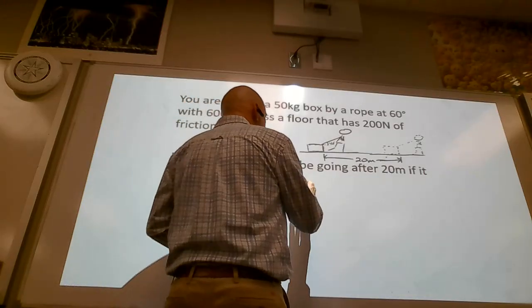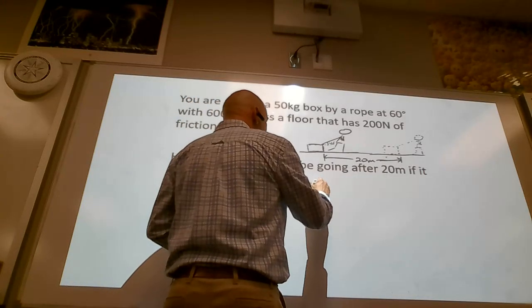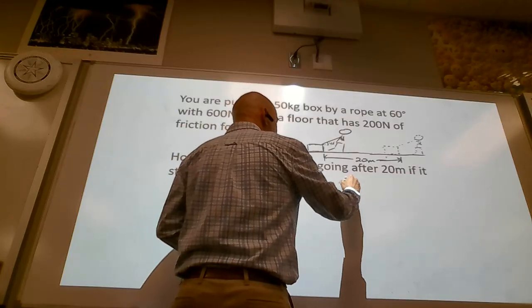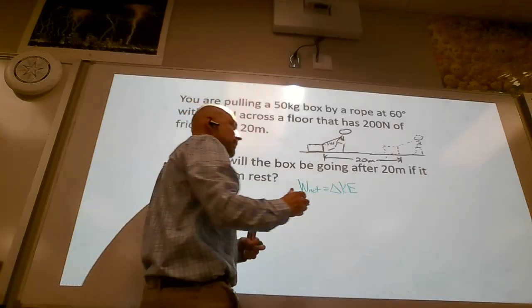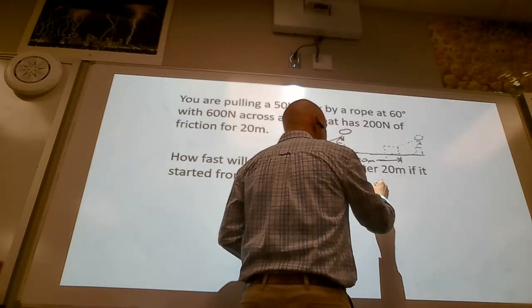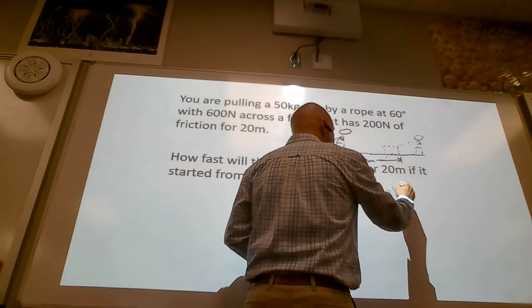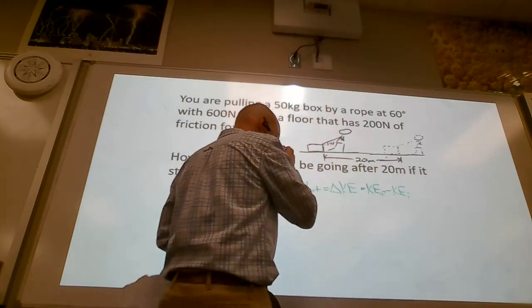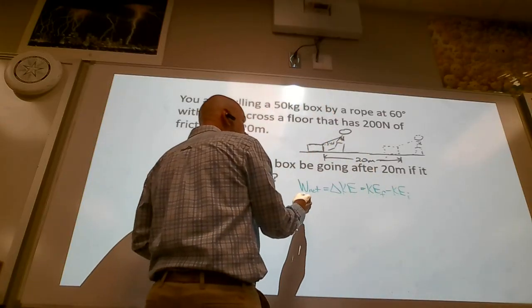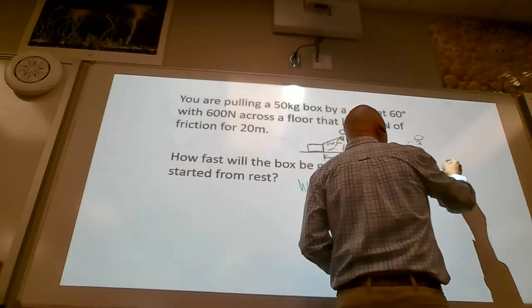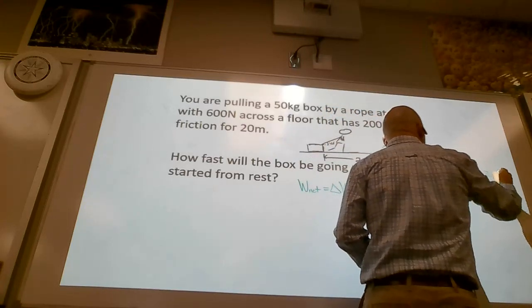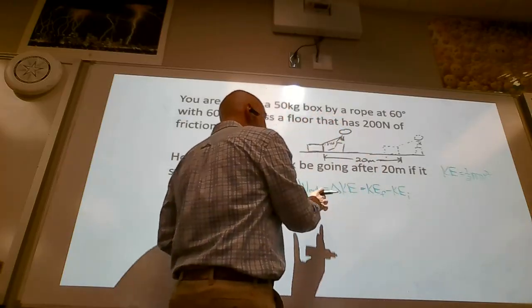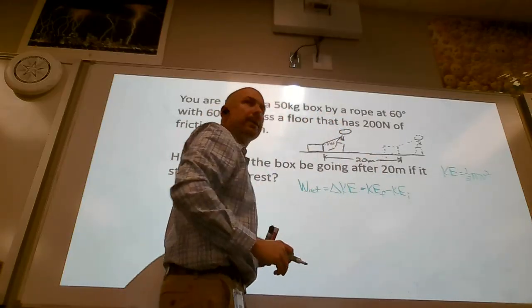So we're going to look at the net work is equal to the change in kinetic energy, which is final minus initial. We've already calculated what the net work is in this problem.